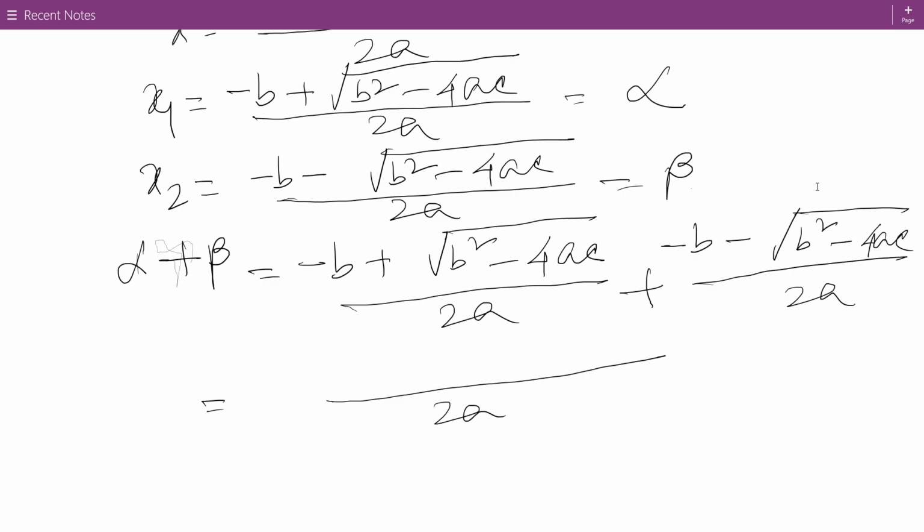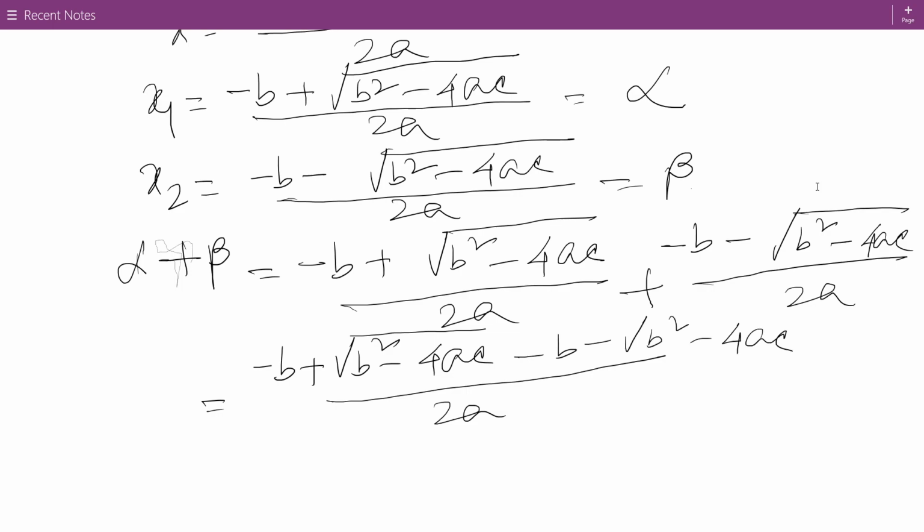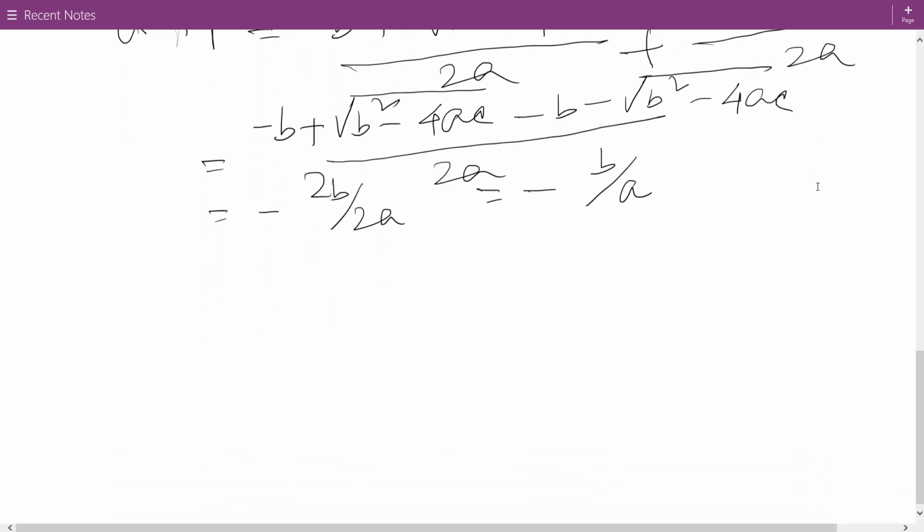If you write the expression, that is minus b plus root b square minus 4ac, then minus b minus root over b square minus 4ac. Therefore you can write minus 2b by 2a, or also write minus b by a. This is a very important expression for summation of two roots.